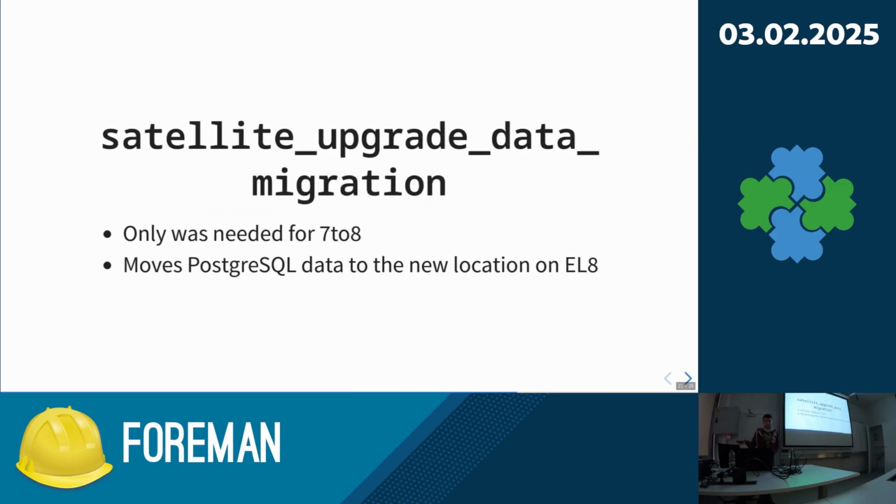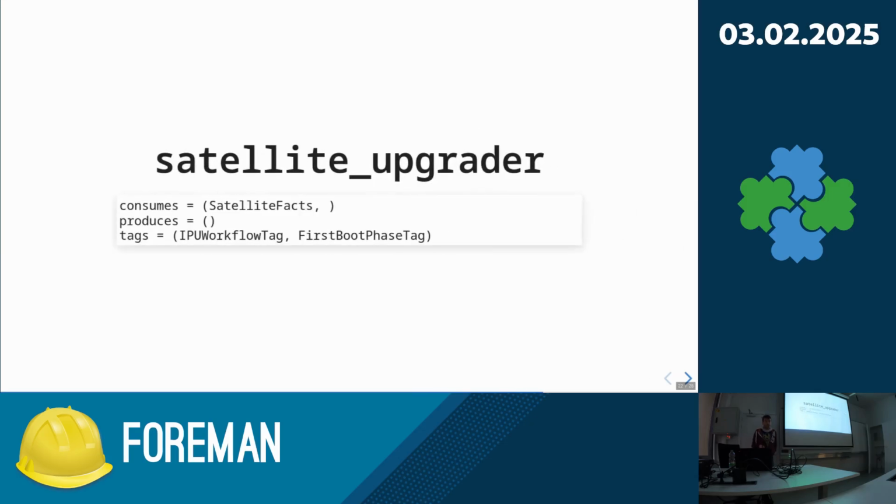It was only needed for 7 to 8, so luckily it still exists because the code still exists, but we don't have to run it today because the data doesn't need to move. It was pretty good when we realized that this is a thing that's not happening. The next one was the actual upgrader.